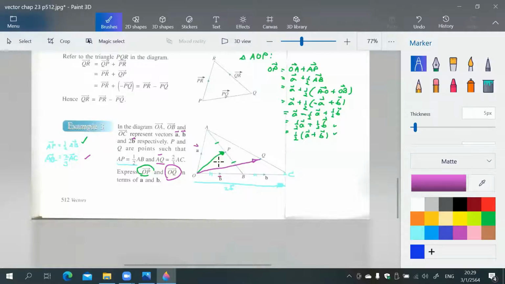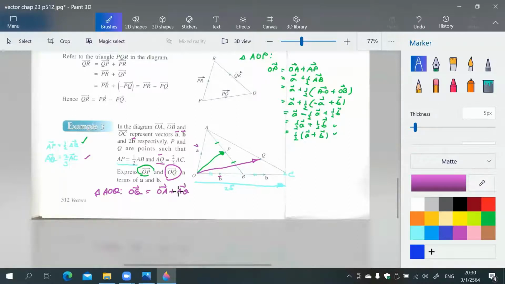But now I'm going to use triangle AOQ. I want to find vector OQ, so I have OA plus AQ.